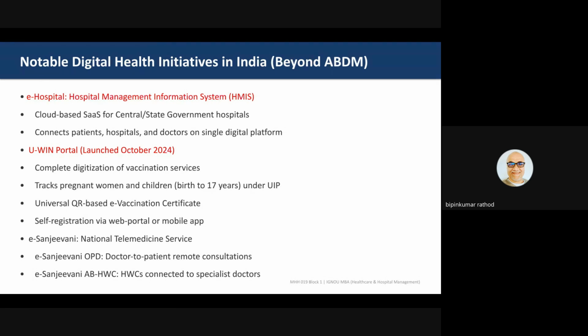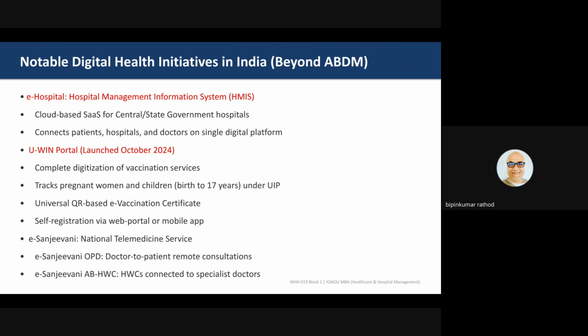It's 100% cloud-based and used in central and state government hospitals. Another portal is called U-WIN. This is an excellent platform where they are using the Internet of Things to trace the logistics of the vaccine.